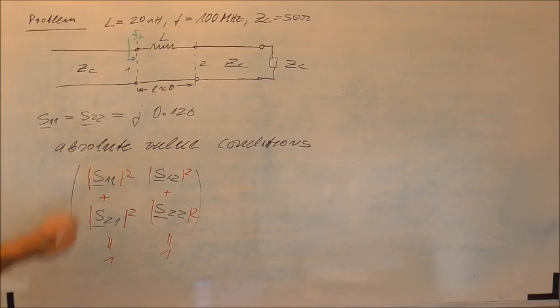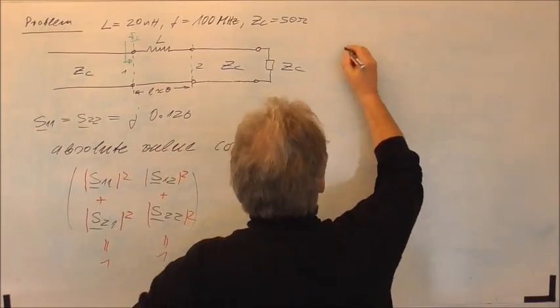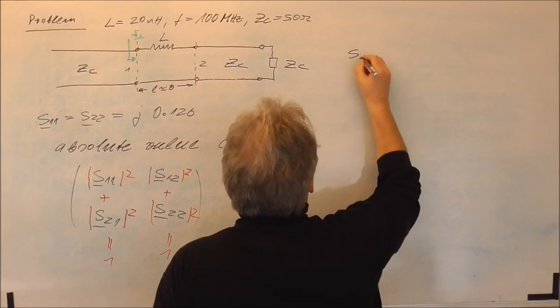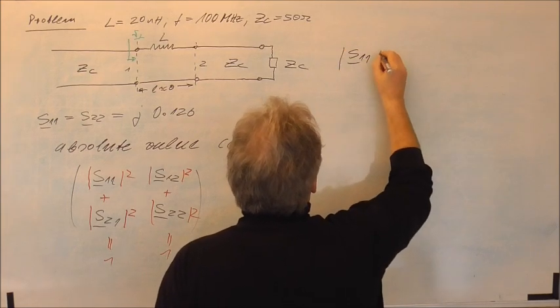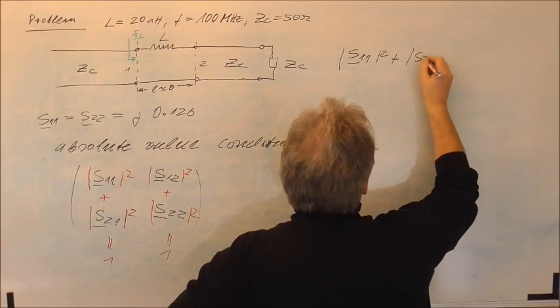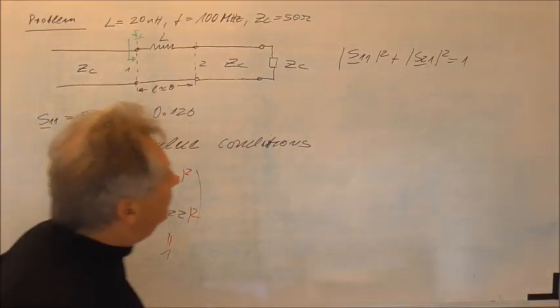So from this point of view, we can say that, for example, the absolute value of S11 squared plus the absolute value of S21 squared must be 1.